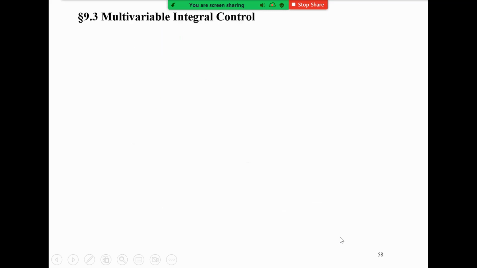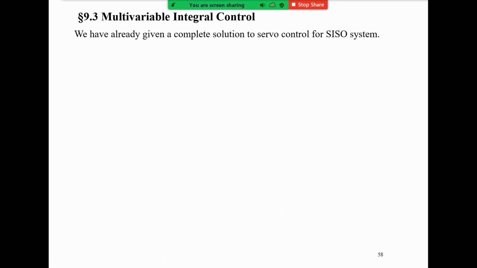Now, finally, let's just talk about how we're going to deal with the multivariable integral control. We just finished the case where there is only single input, single output. Now, how about multiple input and multiple output? Can we apply the same design directly to MIMO system?